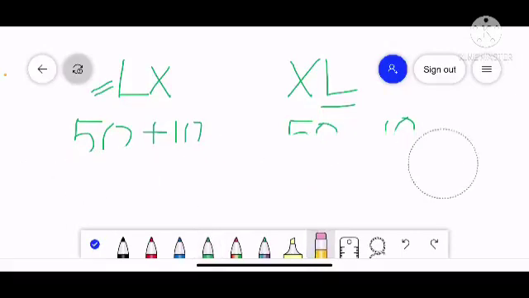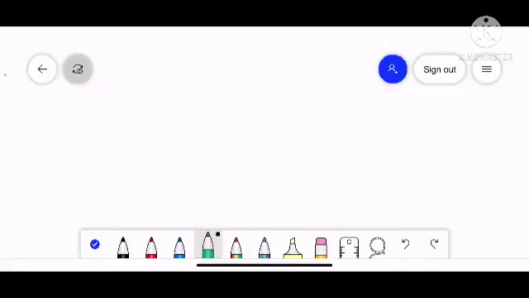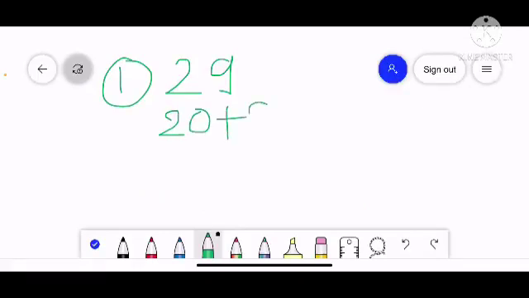Now let's see some more examples. Express 29 into Roman numerals. Again we are going to break 29 into tens and ones, that is 20 plus 9. Again further we are not having any Roman numeral for 9. 20 we are also going to break, that is 10 plus 10.